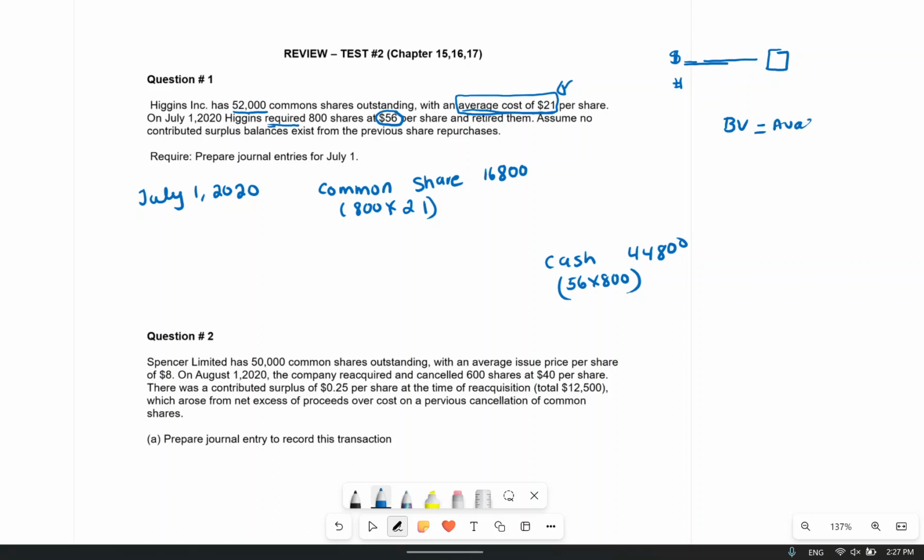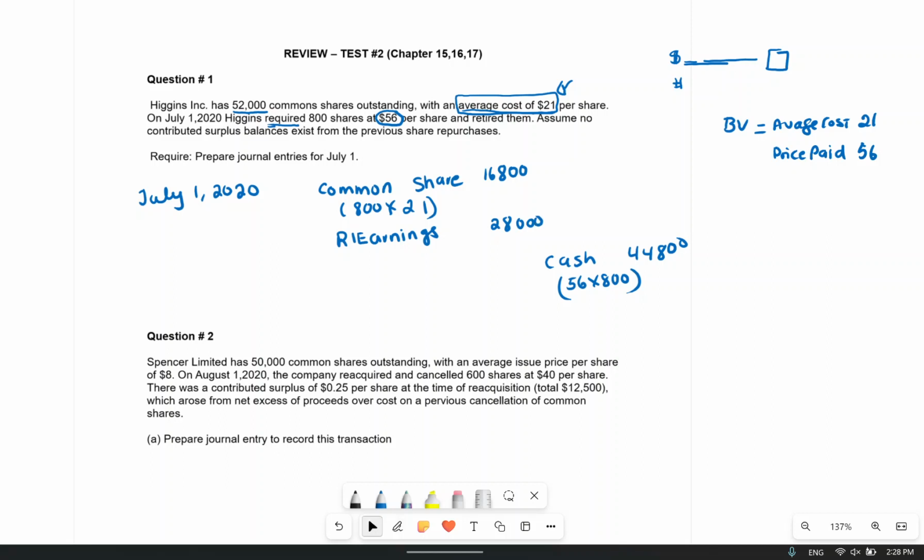So now we have the book value, or the average cost, sitting in our books of $21, and the price that we paid, $56. The difference between those two will go into my retained earnings, and that will be your 28,000.